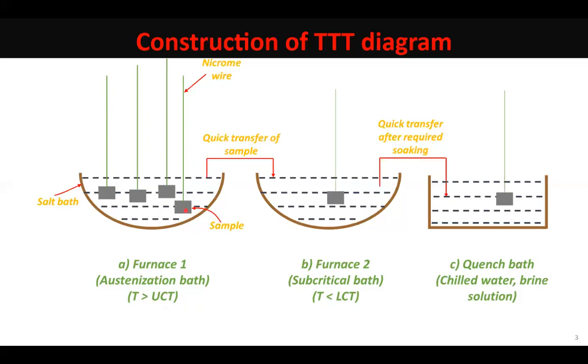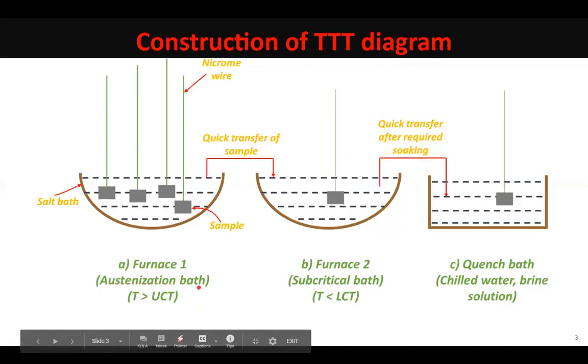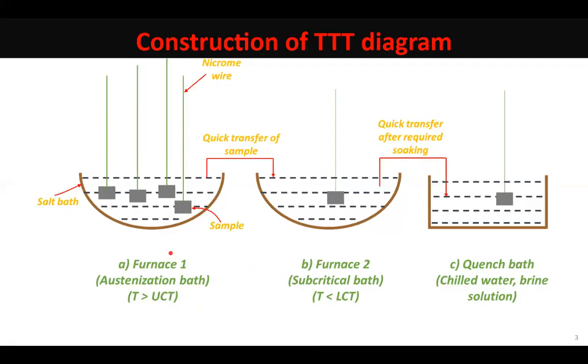Then we have another furnace. Why did we form austenite in the first furnace? Because there was no austenite under room temperature conditions. And why did we need to have austenite in the steel? So that we could see how that austenite transforms under the effect of different temperatures and time periods.